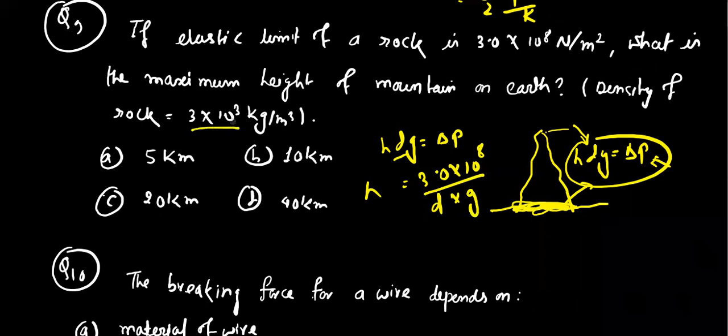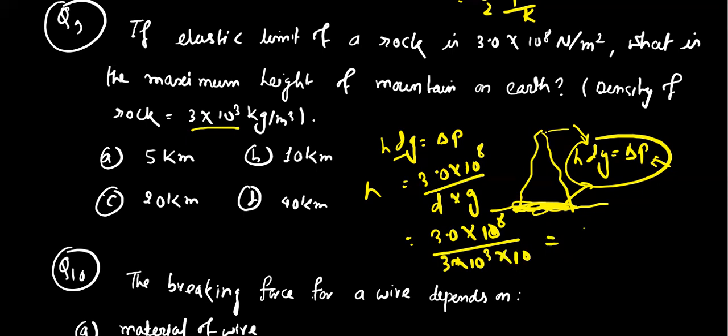Density of rock is provided. So 3.0 into 10 power 8 by d. Density is 3 into 10 power 3, and we are going to use g as 10.